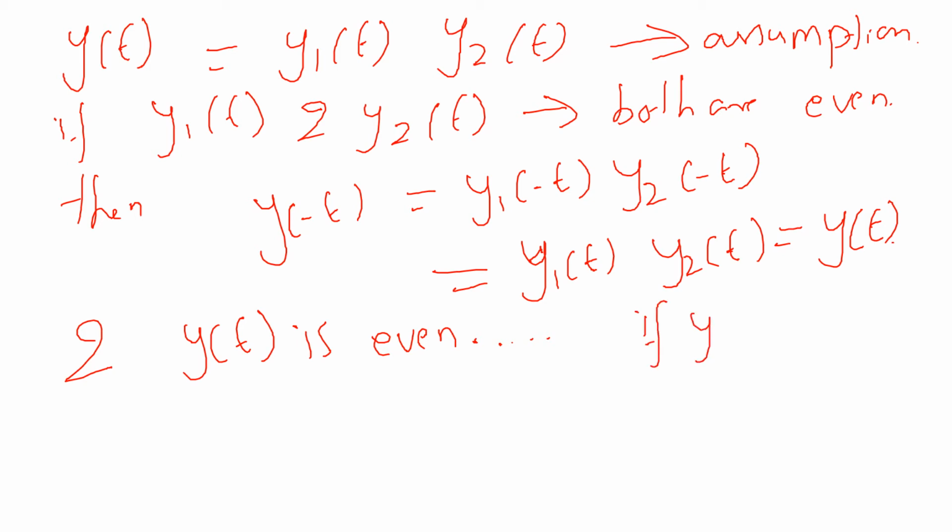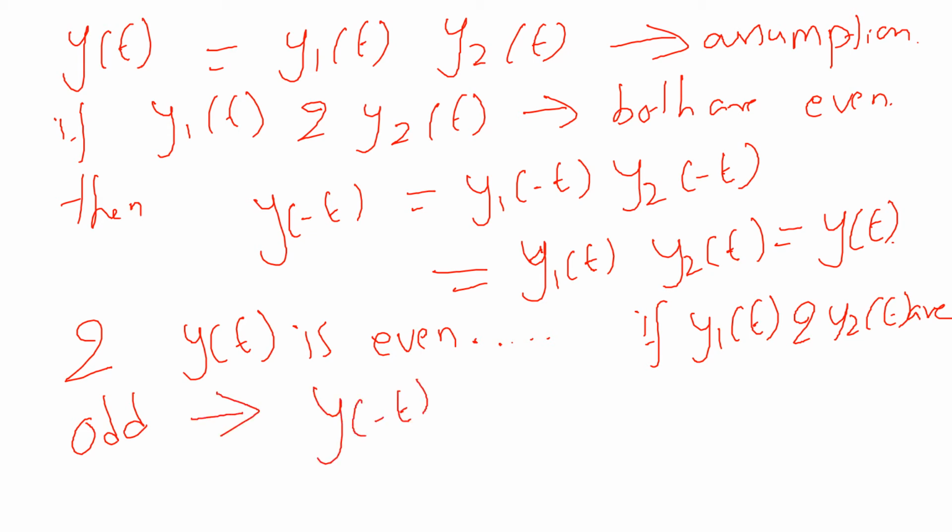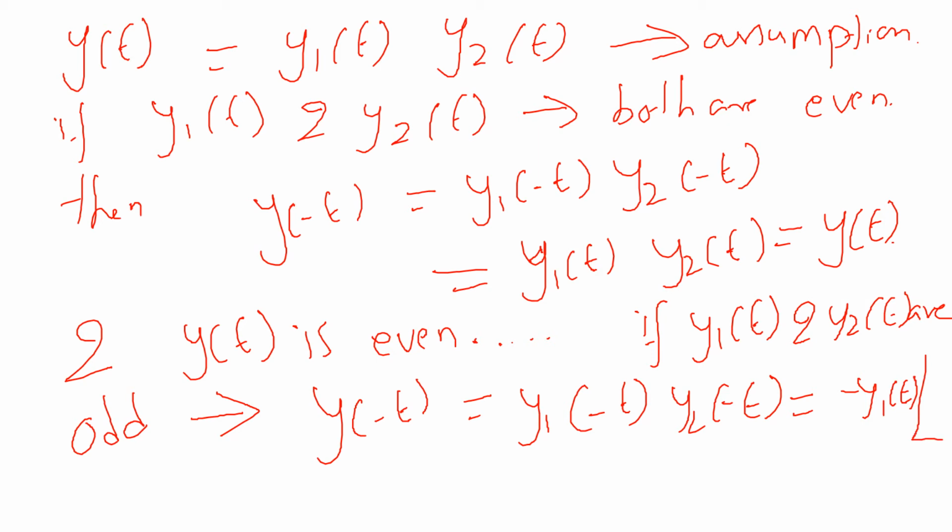If y1 of t and y2 of t are odd, then y of minus t is equal to y1 of minus t into y2 of minus t. This I can write like minus y1 of t, minus y2 of t.